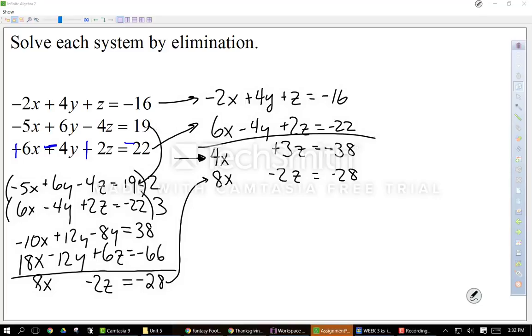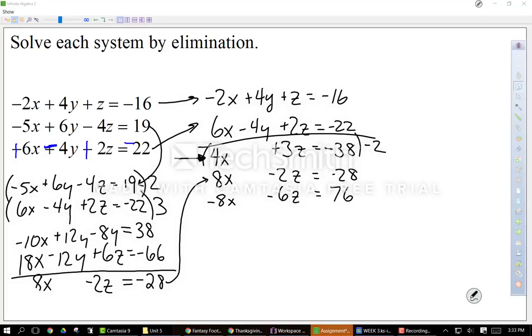Once I have those two equations with no y's, now I've got to eliminate one of the variables there. Which one do you want to do? It's up to you. If you want to eliminate x's or z's, it's your call. I am going to eliminate x's because I can multiply the top one by a negative 2 to give me negative 8x minus 6z equals 76.